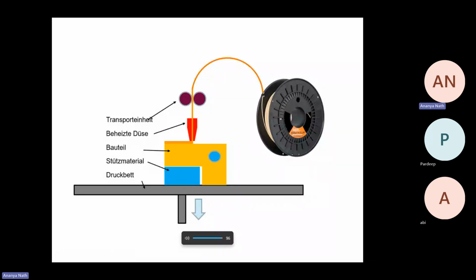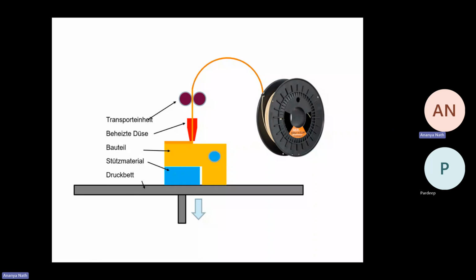So the process involves the polymer wire, then how does it print? So the name of the process, can you remember? Okay, no problem. So this process uses the polymer wire.